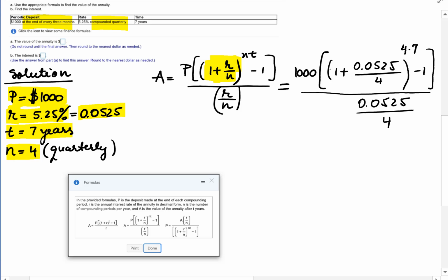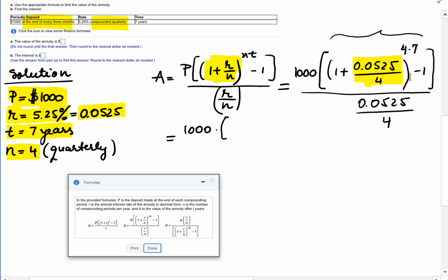So 1,000 is actually multiplied by the whole quantity, so we have to do the whole quantity inside the parentheses. So 1,000 times, now first I am going to divide 0.0525 by 4.